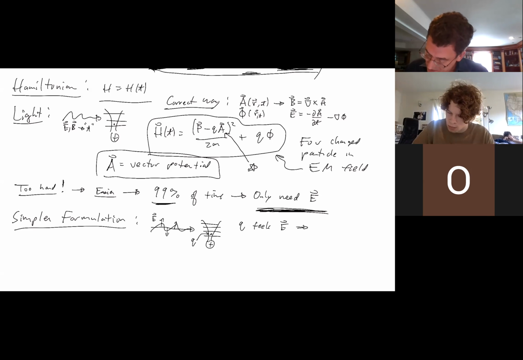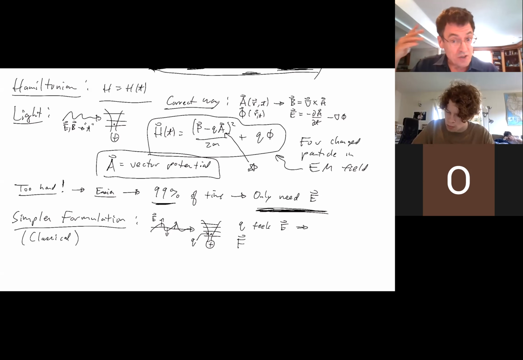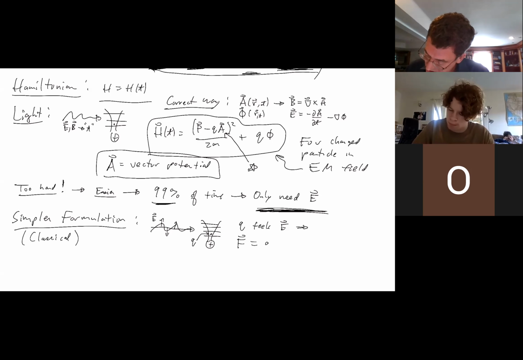And we know that what it feels is a force. And this is a classical discussion. Remember, we always use classical mechanics to get the Hamiltonian. That's where you always start with classical mechanics. And so we know that there's a force that charge feels, which is Q times E.